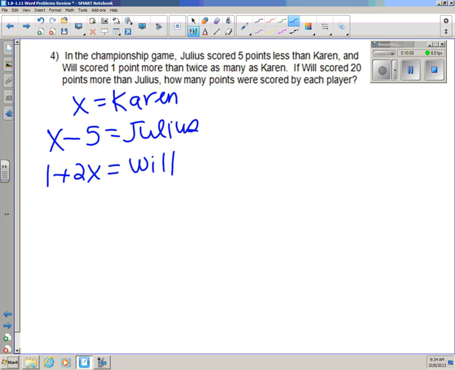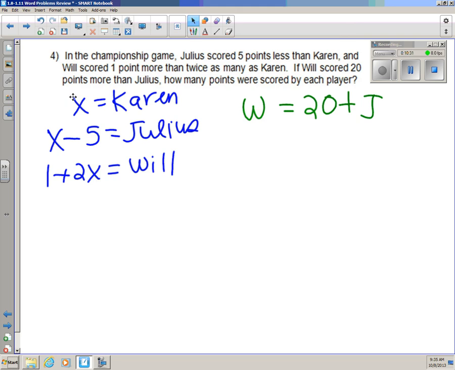And yes, of course, you can make this 2x plus 1, which is kind of what I like better, but it's okay. Community property allows me to change it, but I'm not going to worry about it. Will has 20 points more than Julius. Will is 20 more points than Julius. Plug the stuff in.